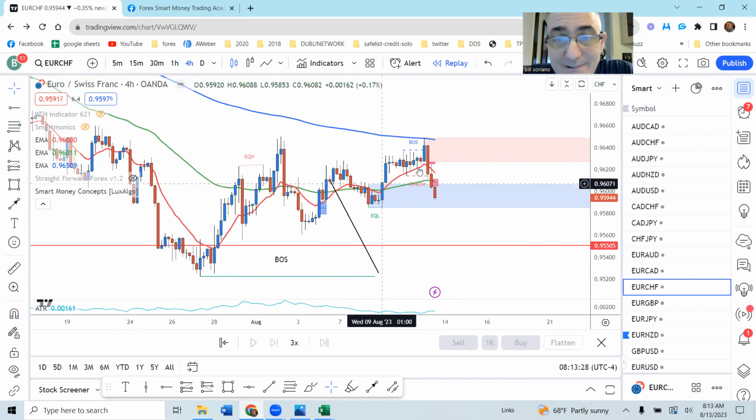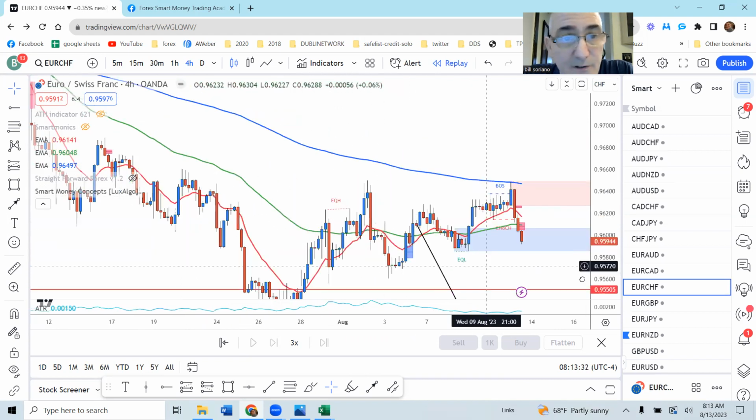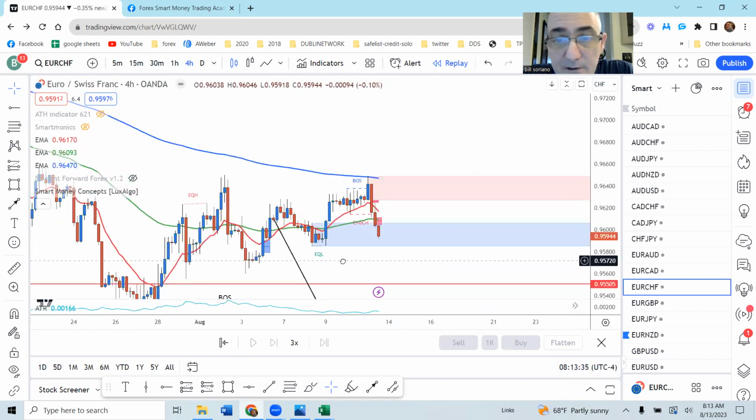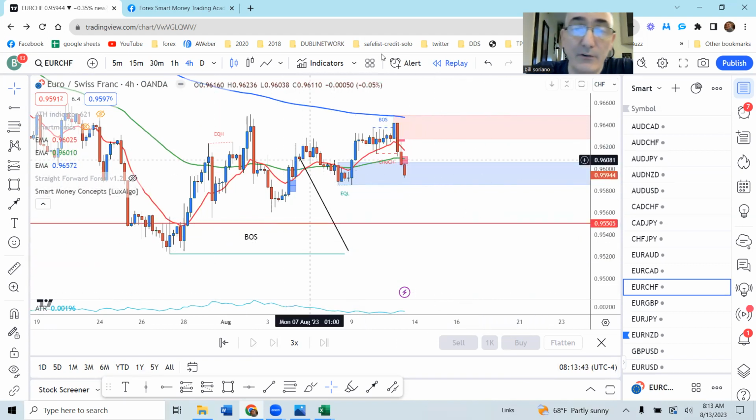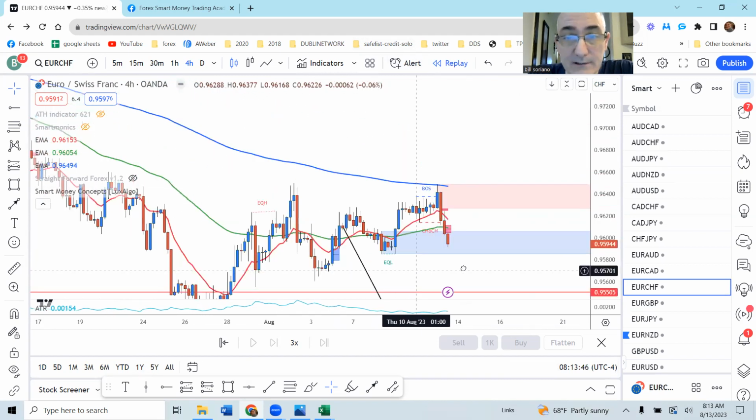Now, again, we have a consolidation here. I don't like any of these areas. There's no break of structure. What I need is a break of structure alert, which I set here from last week. We're looking for price to come down here so that we can identify an order block down here.